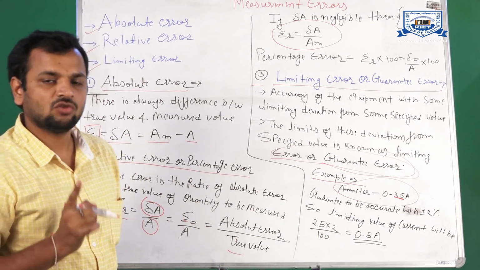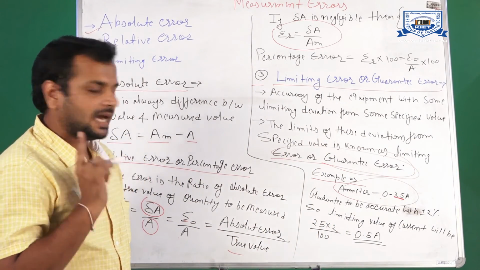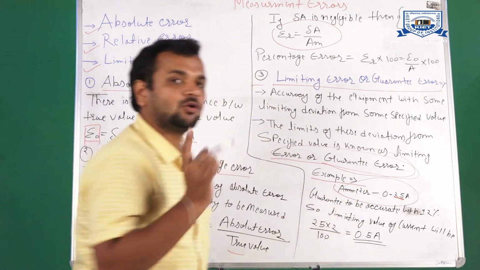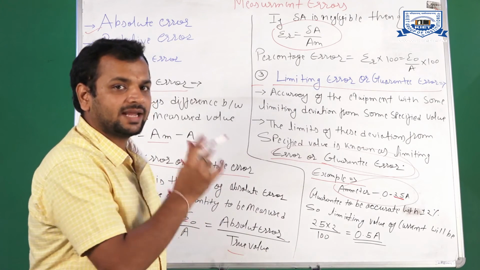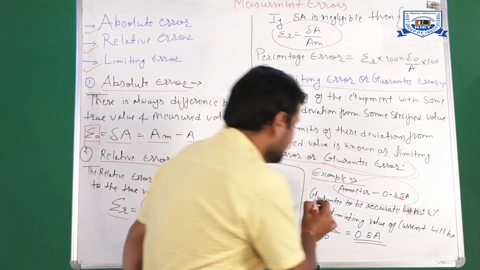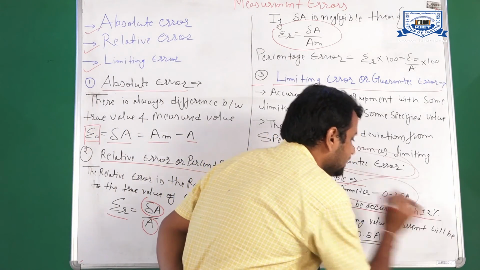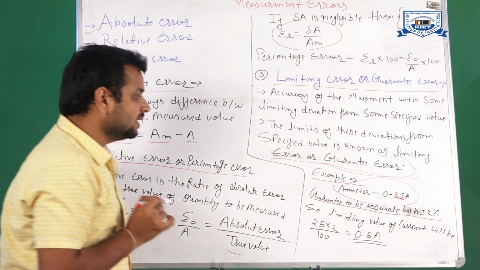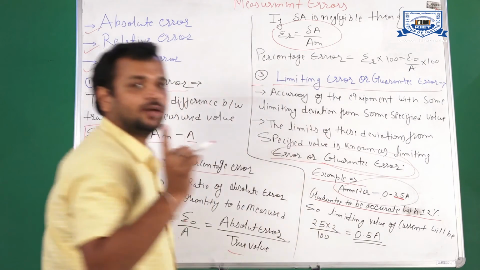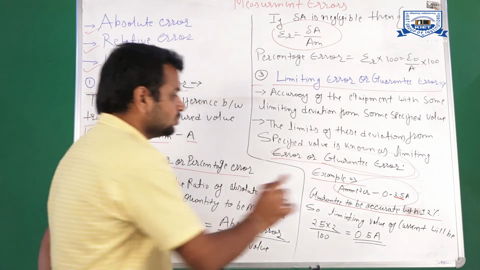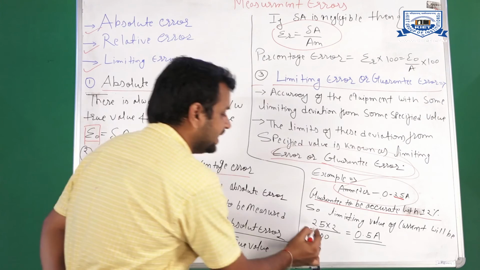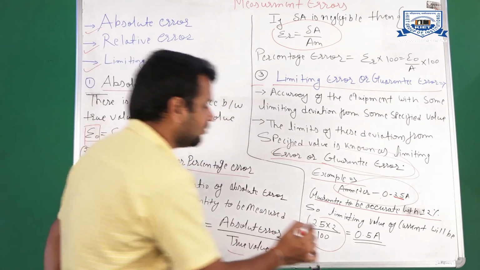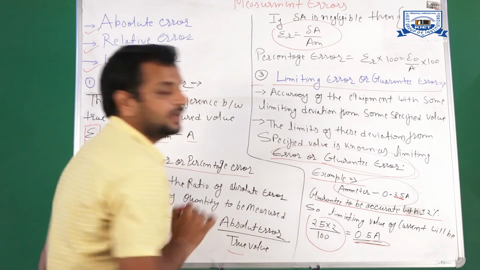Suppose the shopkeeper says the instrument is guaranteed to be accurate within plus minus 2%. That means the full scale reading of the ammeter is 25 ampere, so 2% of this will be 25 into 2 by 100, which is equal to 0.5 ampere.